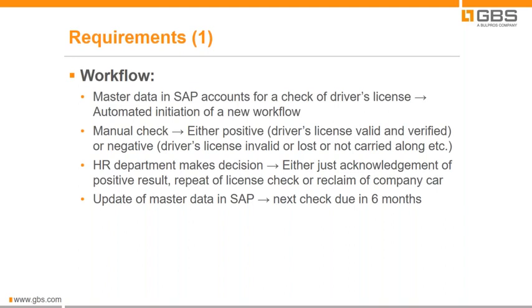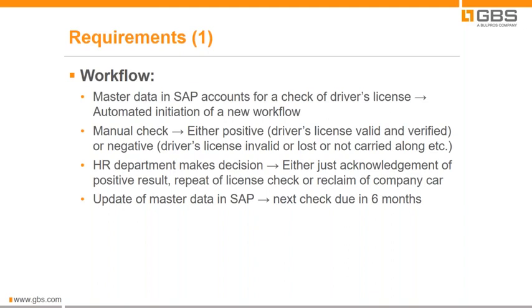The next step is the manual check. The outcome can be, well, either positive, which means the license was valid and it was verified, or it can be negative. Negative might be the license is invalid, or it was lost, or stolen, or the employee didn't carry it that day. Many reasons why it's negative.